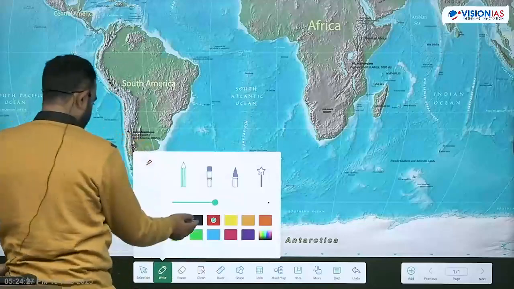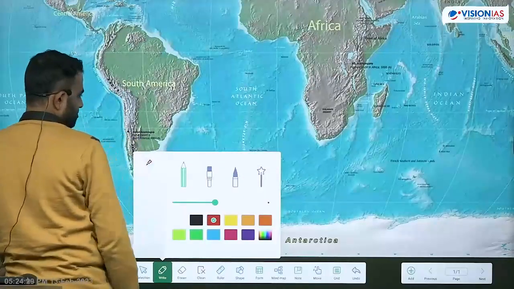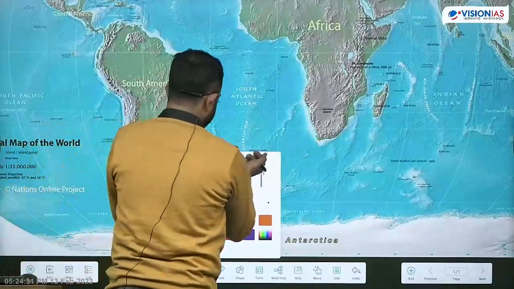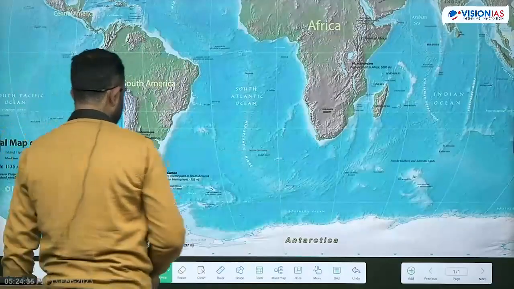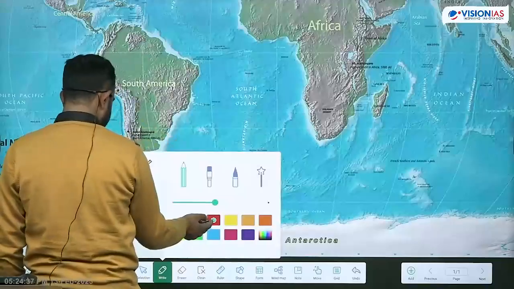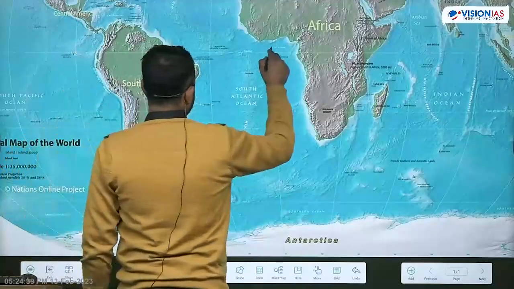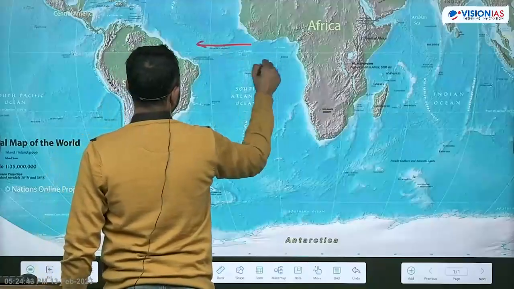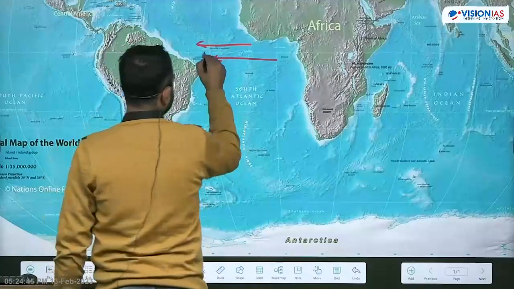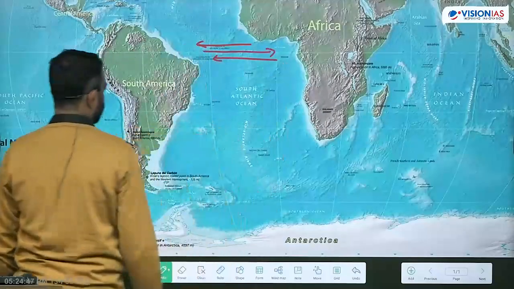You keep marking on the map, and on the next page you should just keep writing the names of these currents, and if there's any extra information you can just keep writing it as it is. There are no separate notes here. So you have to listen to me carefully. So this is the north equatorial current, south equatorial current, and then the counter equatorial current.